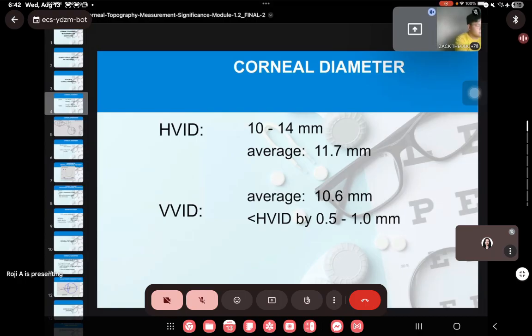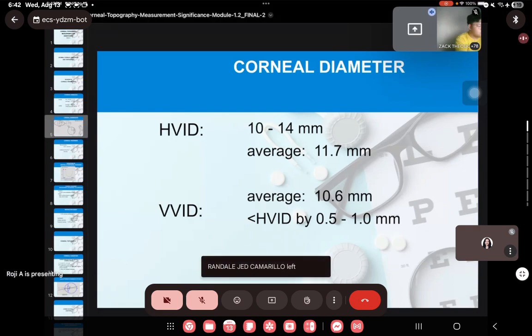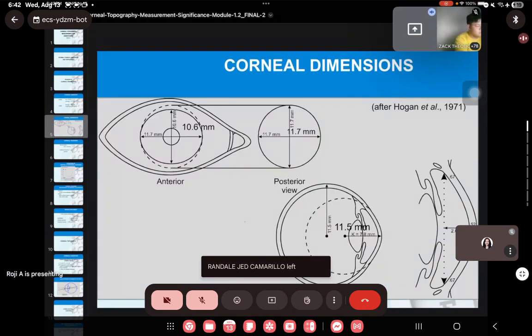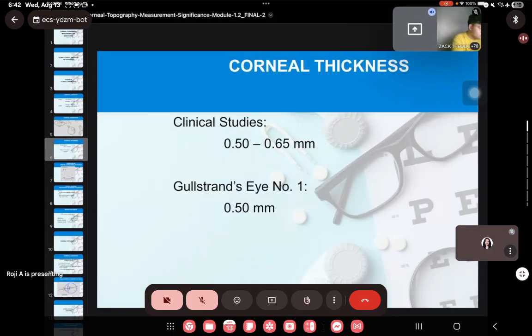And the asphericity, correct? They're not equal. So that's what it is, as you can see. That's the reason why. You would notice superiorly and inferiorly, that's where the insertion is.